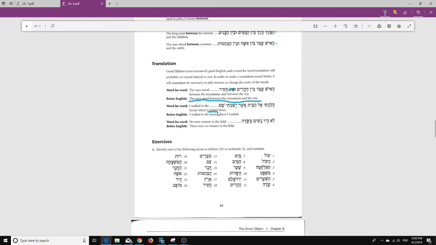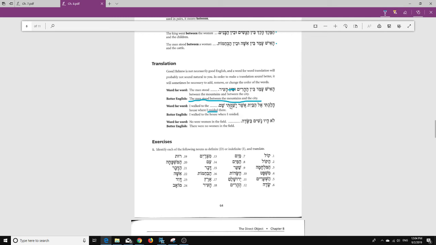I guess he's saying resided, where I resided there. Now in English, this last there doesn't really make sense. You don't need that there. So in English, we might instead say, I walked to the house where I resided. So again, if you leave this off as a translation, it's perfectly fine.